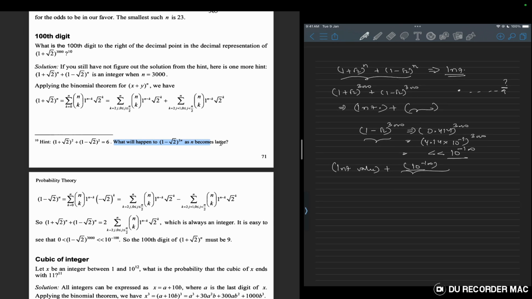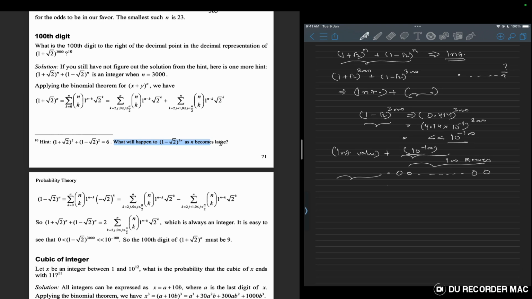So the integer value will be something like this. Then after the dot, let's write these 100 zeros, and the decimal value is far less than 10^-100. Till here it would be all 0, 0, 0, 0, and somewhere far down the line there would be some value x.